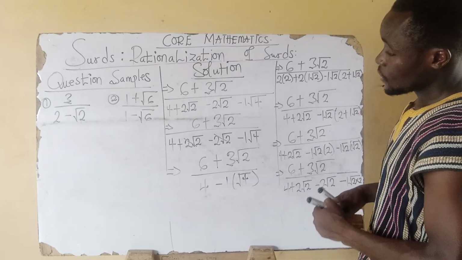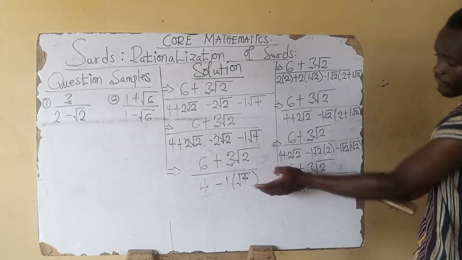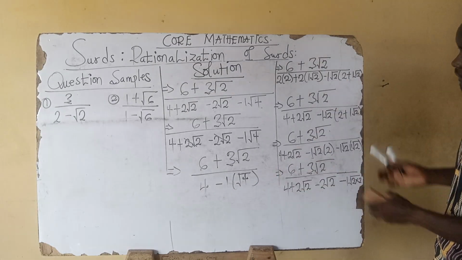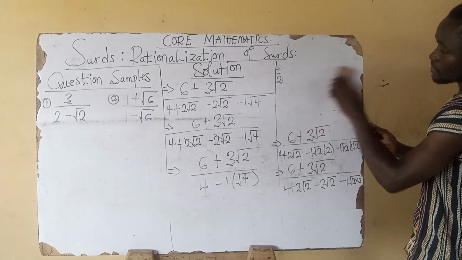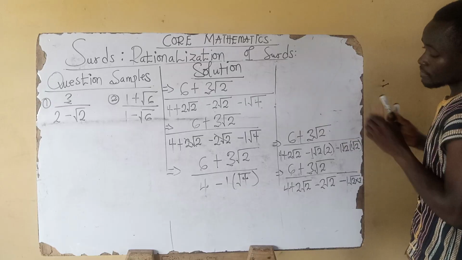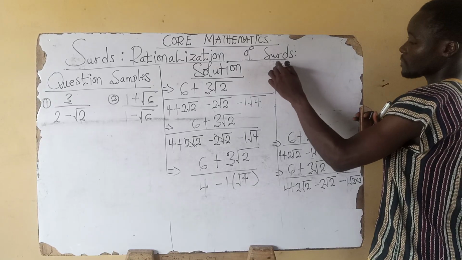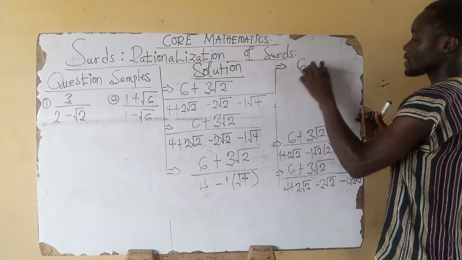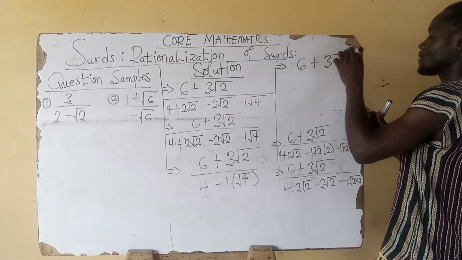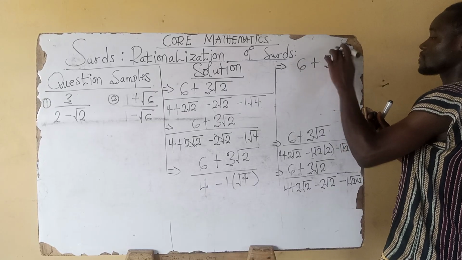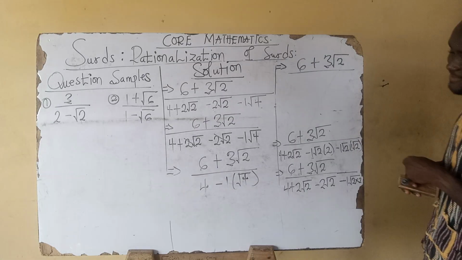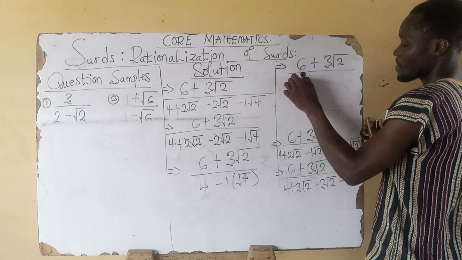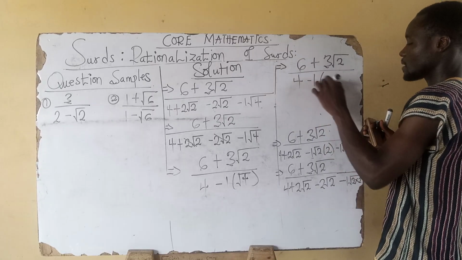Now, from here, I can claim here and continue from there. So claiming what I have up here, I now have 6 plus 3 roots of 2 all over 4 minus 1 in the bracket root 4.